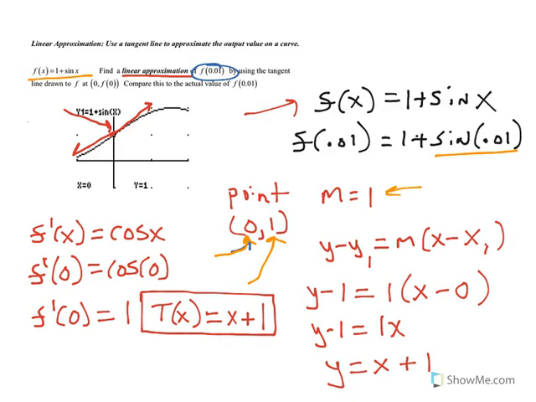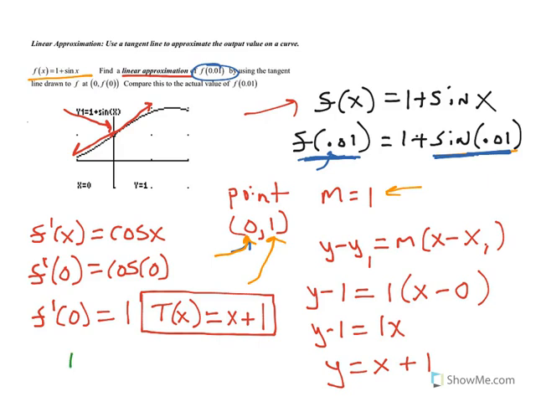The original question was, what is f of 0.01? Without a calculator or a computer to tell you what the sine of that small angle 0.01 is, you would have a tough time doing that. But you could use our tangent line to get an approximate. If we're looking for the output at 0.01 on the f function, it should be very close to the output on the tangent line. So we can put this into our tangent line.